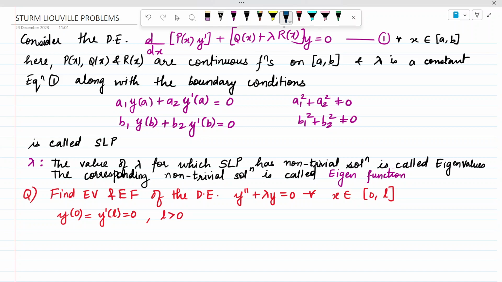So this is one of the questions, and while solving it we'll understand the Sturm Liouville problem much better. Your basic target is to find the eigenvalue and eigenfunction.